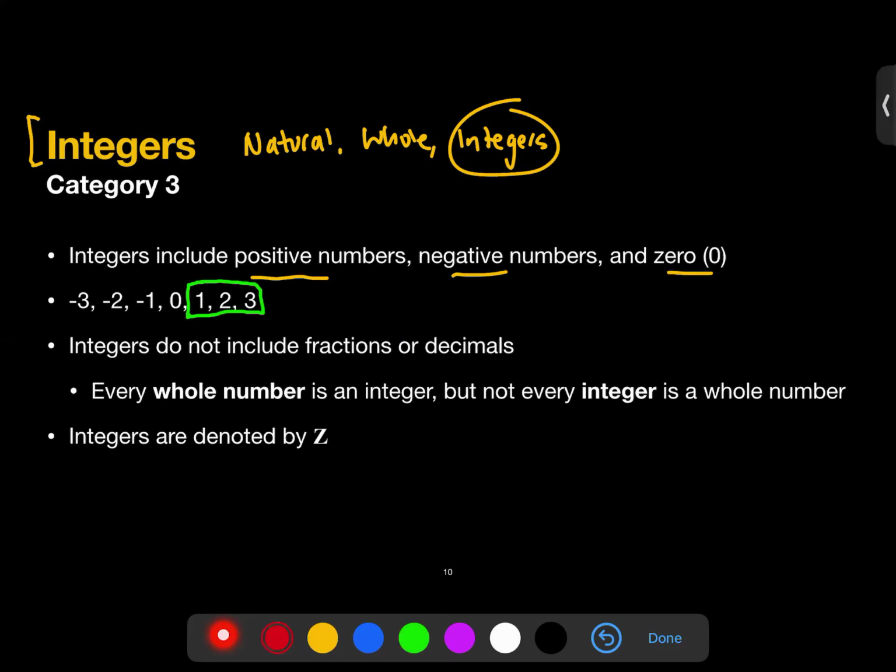Whole numbers would include the 0, correct? So we have the natural numbers of 1, 2, 3, but we also have 0. And then now the third category, integers, includes not only 0, 1, 2, 3, but also the negative versions. So -1, -2, -3. So this whole set of numbers include integers.